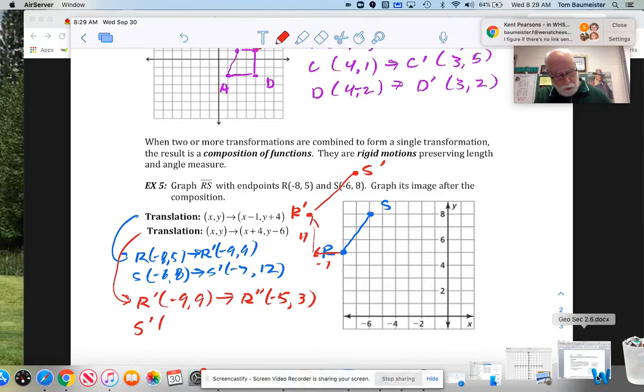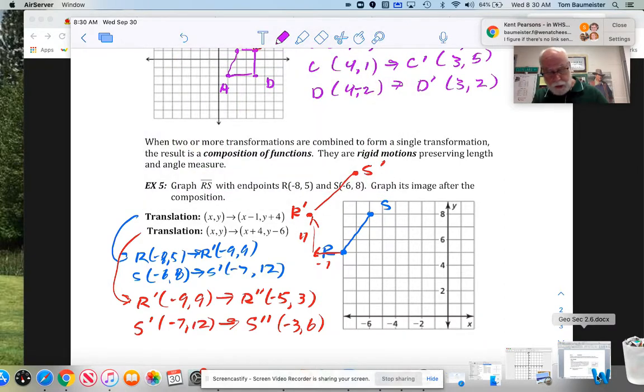Our S prime would go from negative 7, 12, and that'll map to S double prime, negative 3 and 6. So if you think about it, I did okay here because my last ones will map onto there.